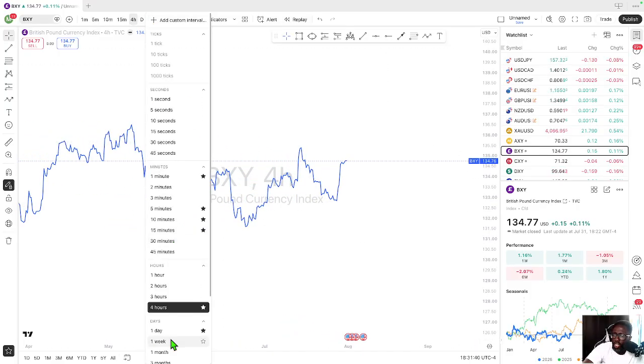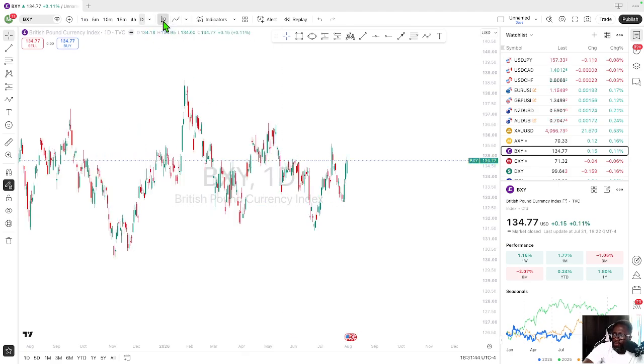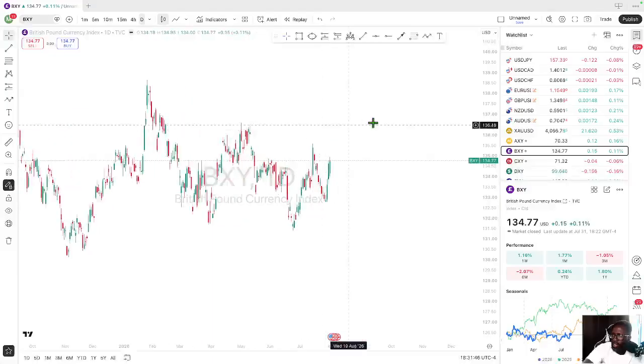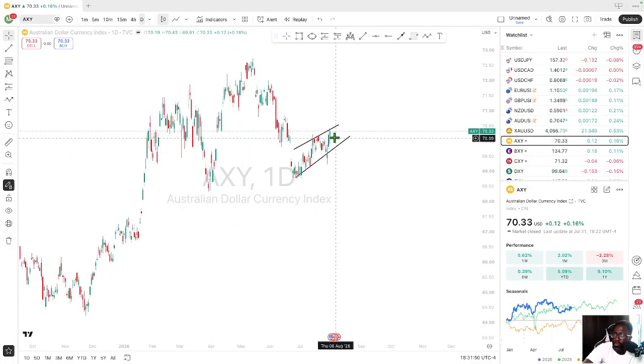You know what? Let's look at the bigger time frame. Oh my God. My Lord. British pound, Australian dollar looks like it could be forming. We might see a push up here, to form eventually, maybe by the end of the month, a head and shoulders pattern.